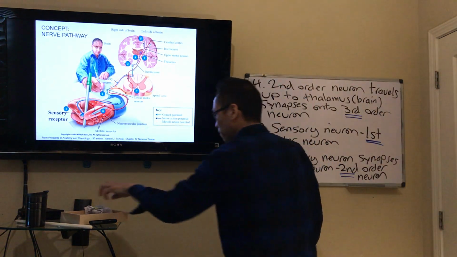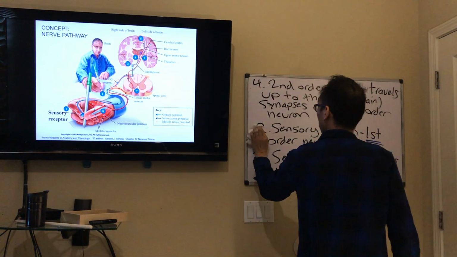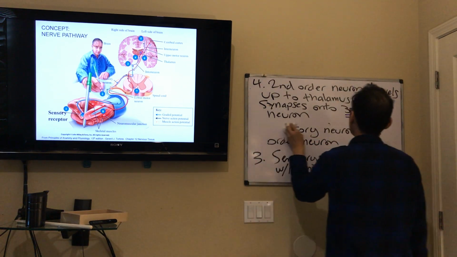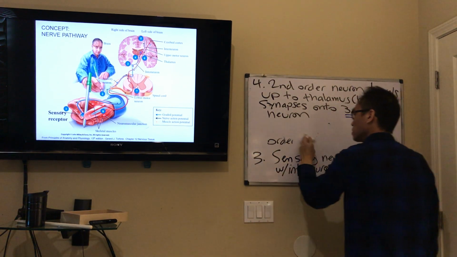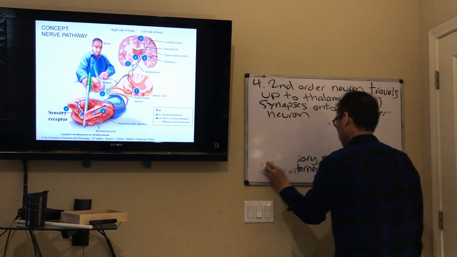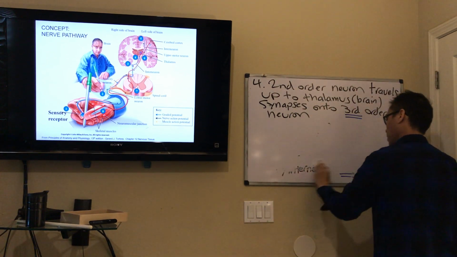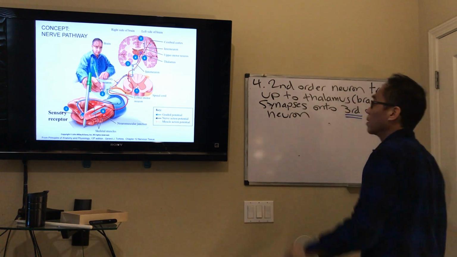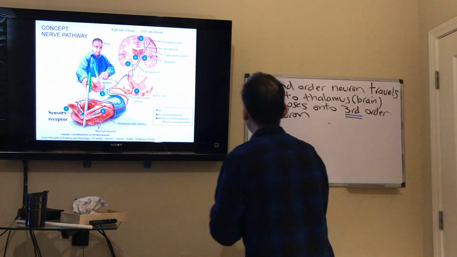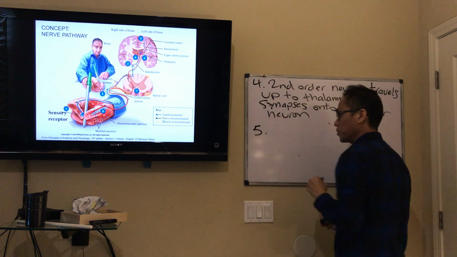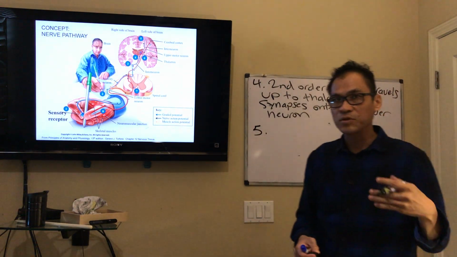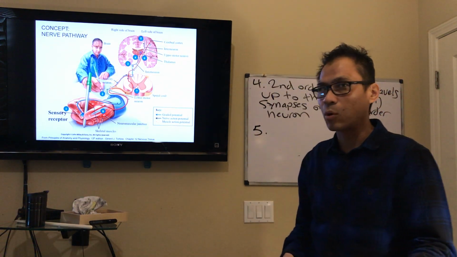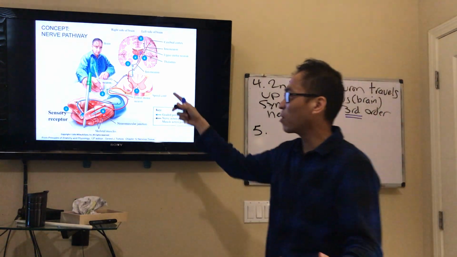So we're on step 5. I'm just going to say that the third order neuron travels to the correct part of the cerebral cortex, the outer gray matter of your brain.